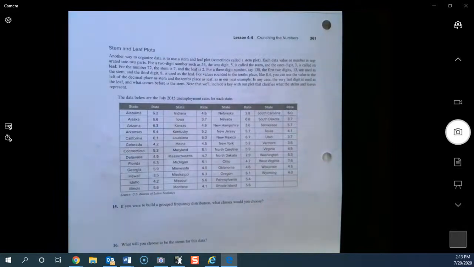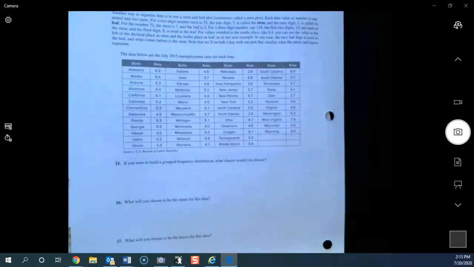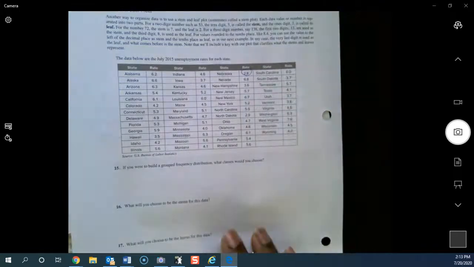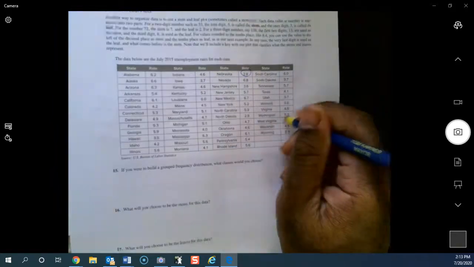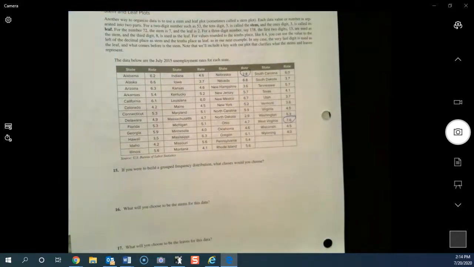Okay, the data below are the July 2015 unemployment rates for each state. All right. So now it says if you were to build a grouped frequency distribution, what classes would you choose? All right, so if we look here, our lowest value is 2.8. And our highest value at West Virginia is 7.6. So if I looked at this here, I probably would do 5 classes because they're not that much different from each other.